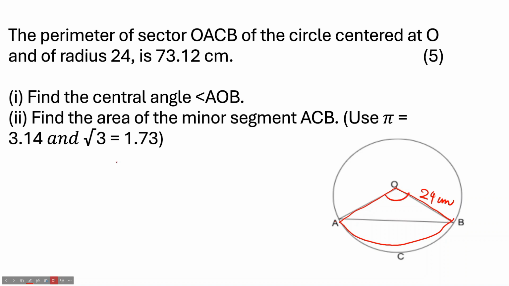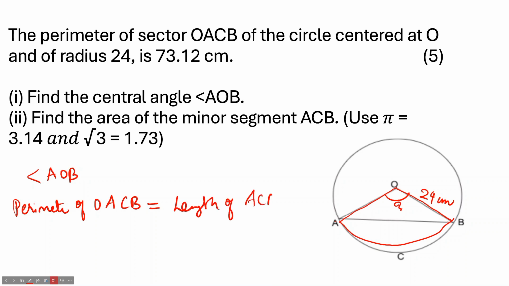So we should find this angle AOB first. Okay, so the perimeter of OACB means the length of ACB plus 2 times the radius. One radius is this, the other radius is this. So we can write 2 times radius.